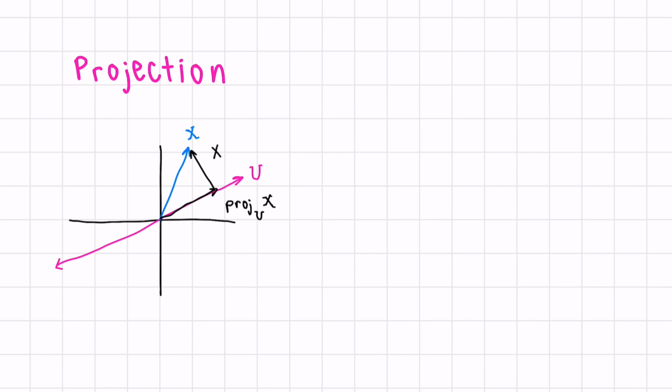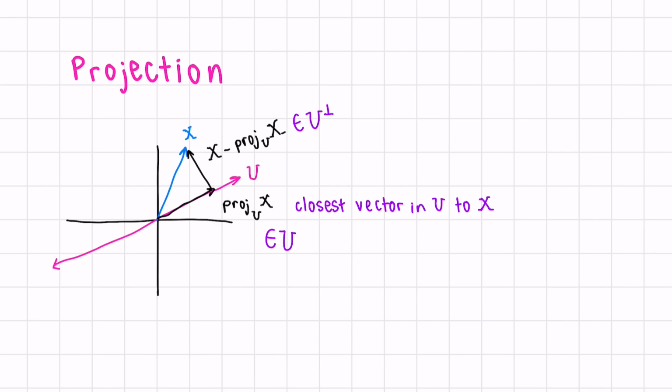This would be x minus the projection of x on U. Two interesting things. The projection of x on U would be the closest vector in U to the vector x, and this would be an element of U, our subspace, whereas x minus the projection of x on U would be included in U perp.